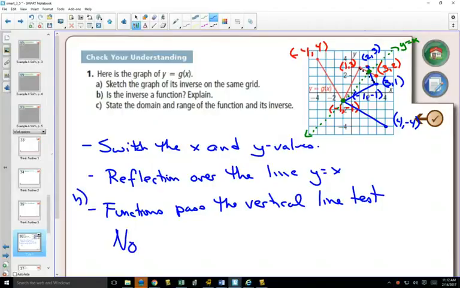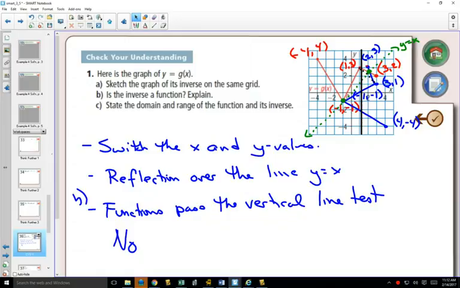No. What does it mean to pass the vertical line test? The vertical line test says if you drew a vertical line, and you took that vertical line and moved it across your graph, if it ever hits your graph more than once, so can you see that right now it's hitting my blue graph at 2 points, then it will not be a function.